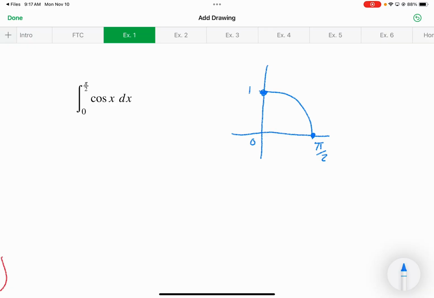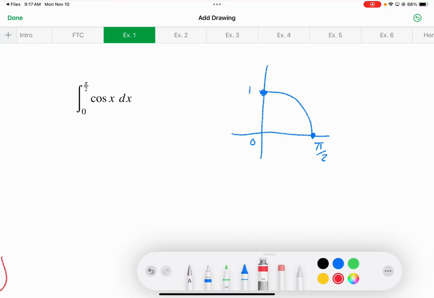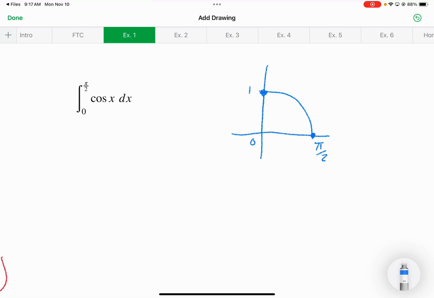Okay. So I need to find the area under that curve. All right, antiderivative of cosine. And then I just need to evaluate that from 0 to pi over 2.